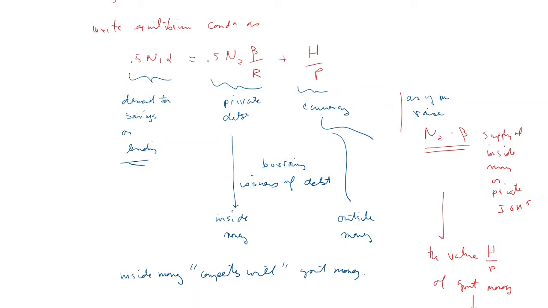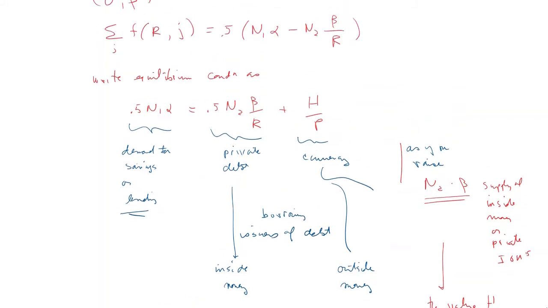And that has motivated governments at various times to do things to limit private credit as a way to hold down the price level.